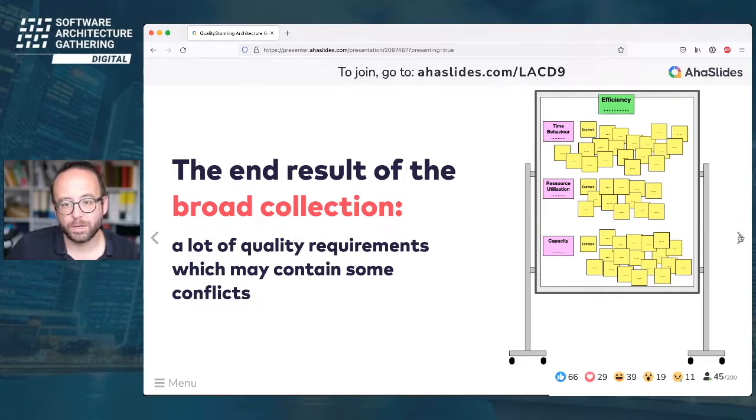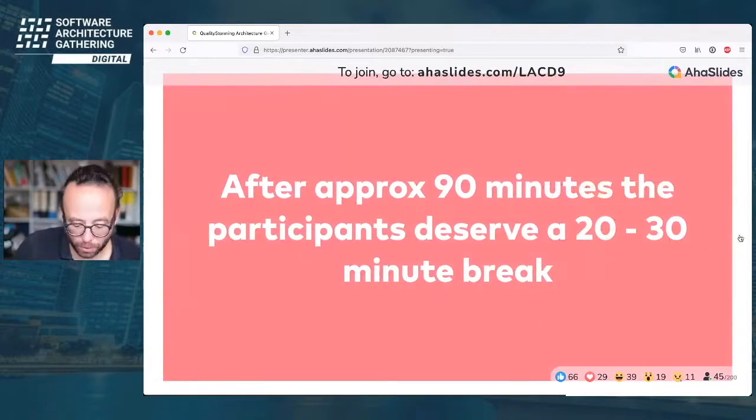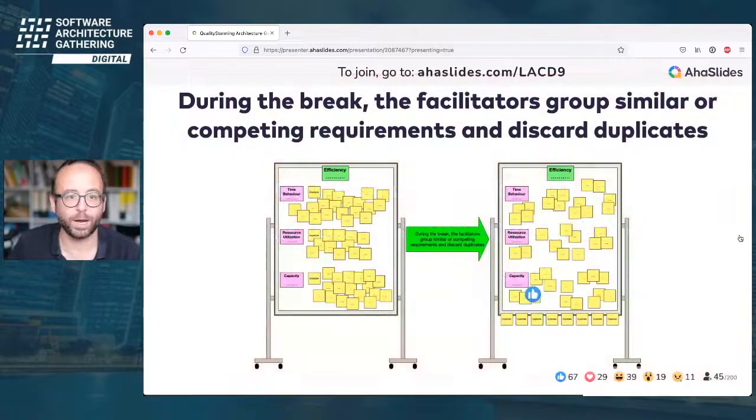Yeah? And during the break, you send the participants off to a break, but you will have some 2 to 3 helpers as a facilitator with you, maybe. And you go ahead and try to group conflicting, similar requirements. You also go ahead and discard duplicates one by one.